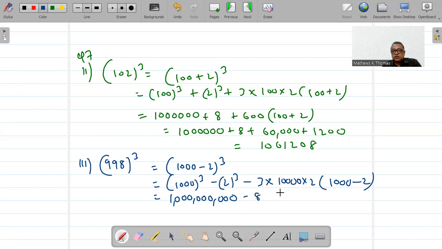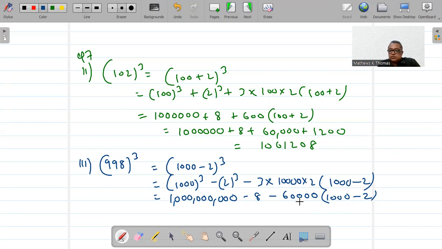Minus 2³ is 8. This is 3 into 2, 6. So minus, this is going to be 6 followed by 1, 2, 3, 4 zeros, right? Minus and minus will become plus. So this is going to be 1000 minus 2. I'm just multiplying these 3 terms.